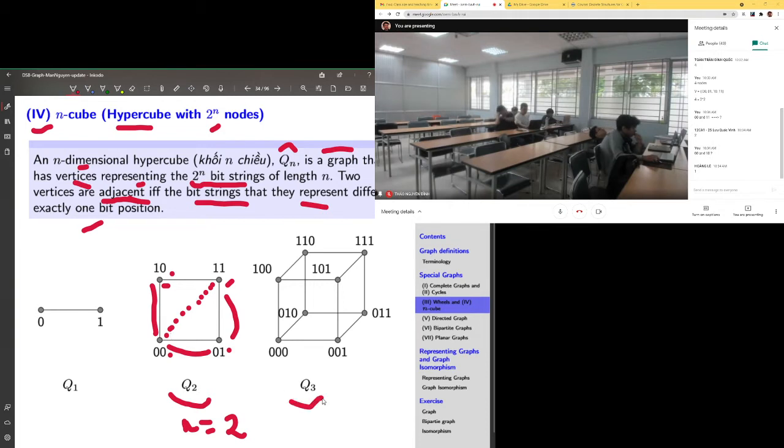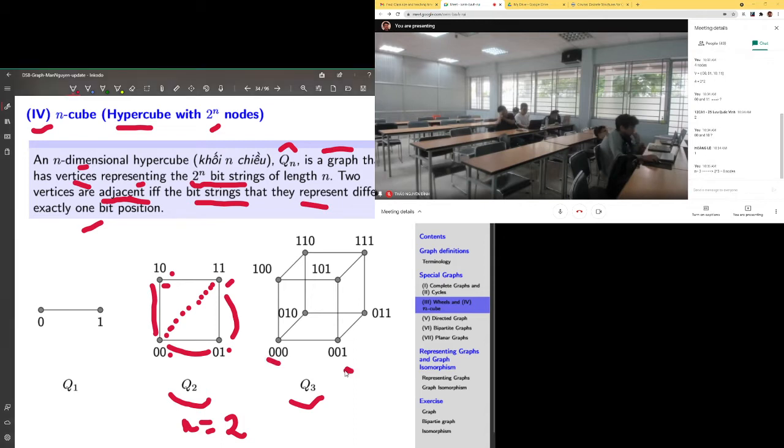Now we move to the next picture. I give you n equal to 3. Then the hypercube defined on n like this one gives you in total how many nodes? Right? 8 nodes. And you can draw them in the picture.